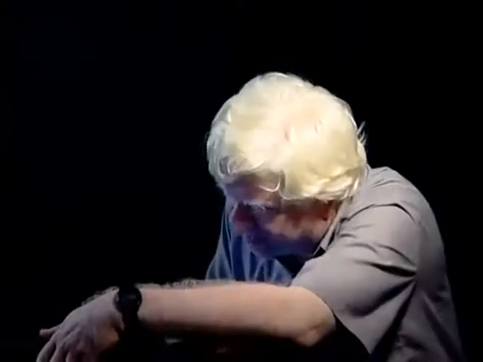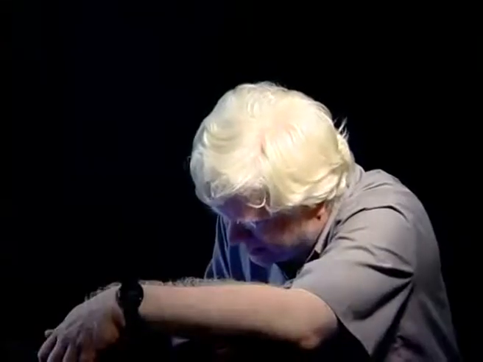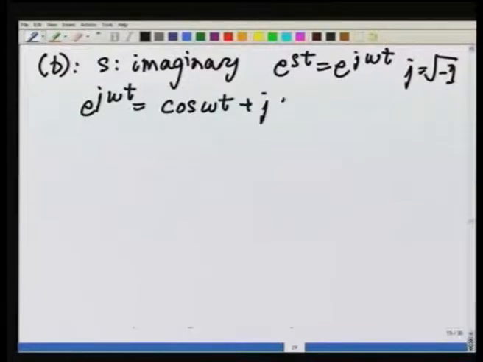In this case, the value of this function for different instants of time is no longer a real number. You will of course be familiar with the fact that e to the j omega t equals cos omega t plus j sin omega t.